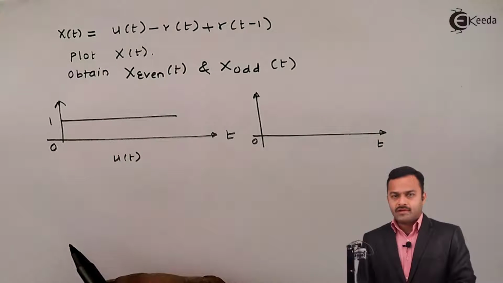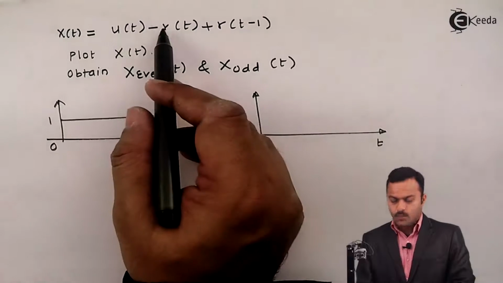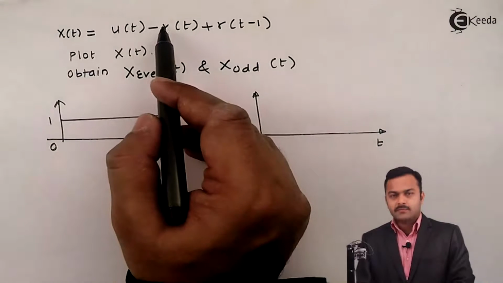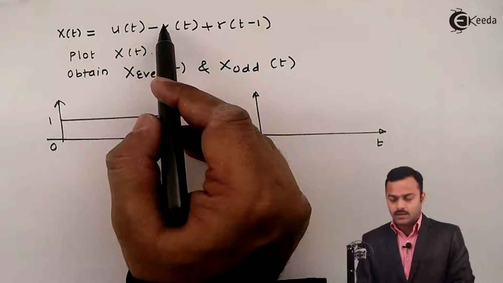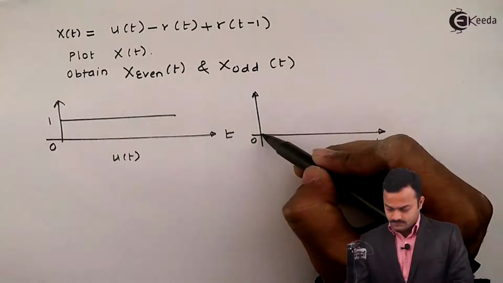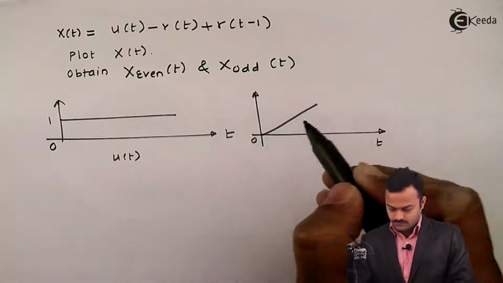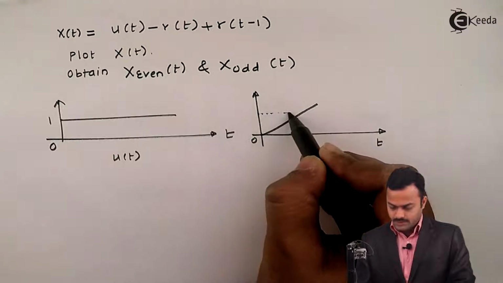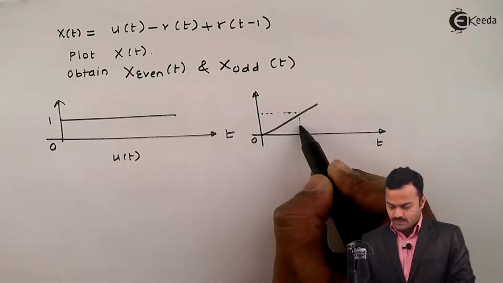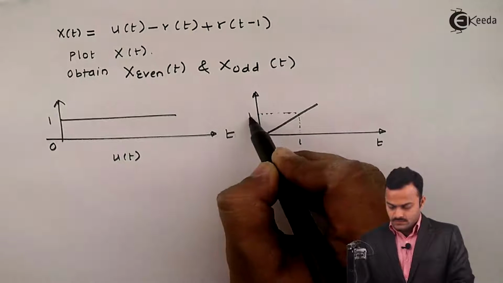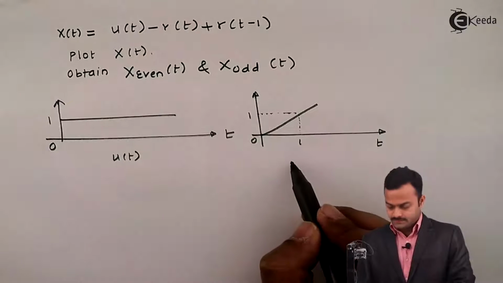It is a ramp function with a slope of 1, because nothing is mentioned over here, so the magnitude is 1, meaning the slope of this line is 1. So this is how I've shown r of t.